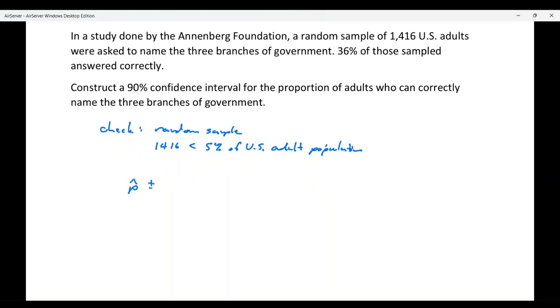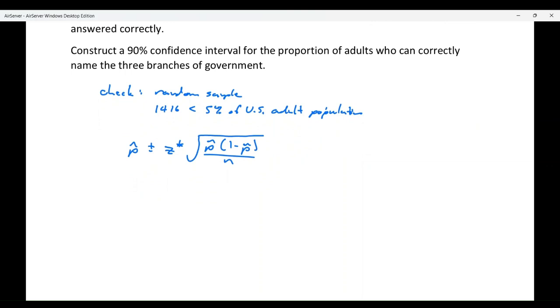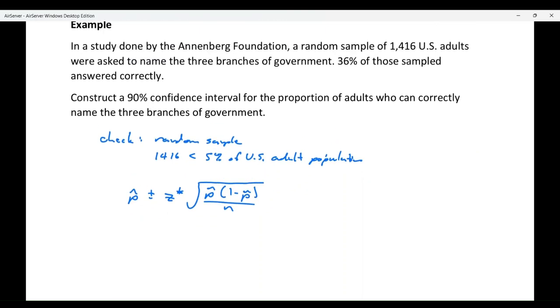We're going to take p hat plus or minus z star times the square root of p hat times 1 minus p hat all over the sample size. All right, so in this case, p hat is going to be the 36% who responded correctly.